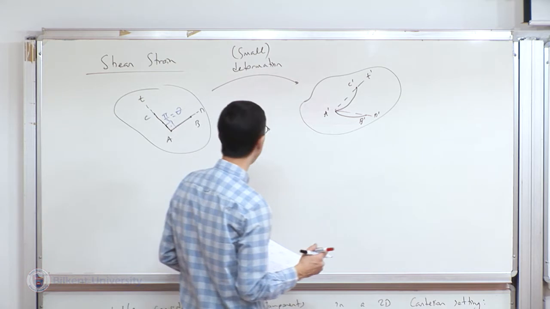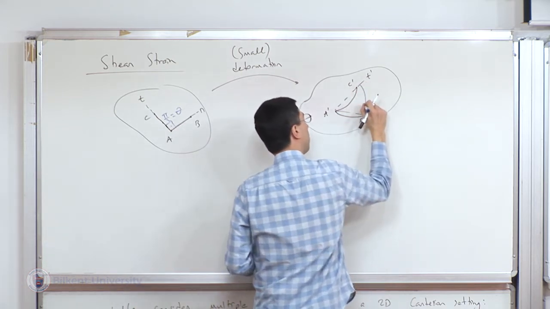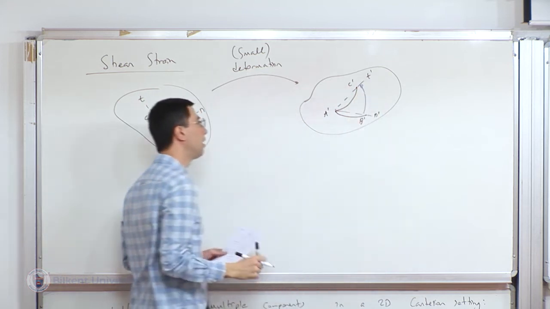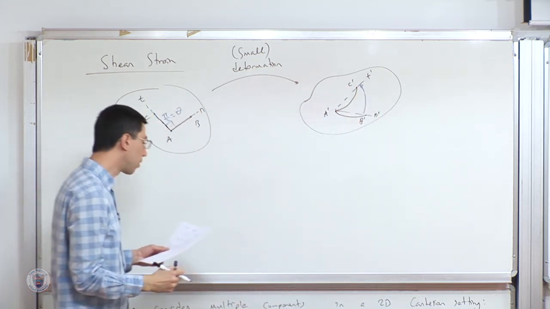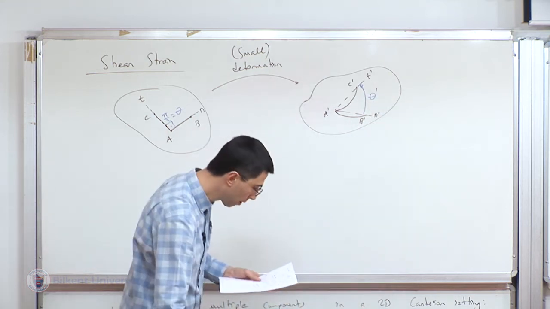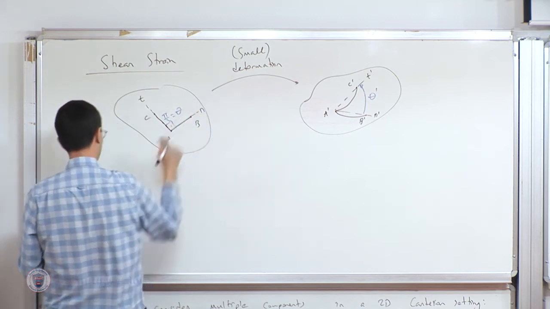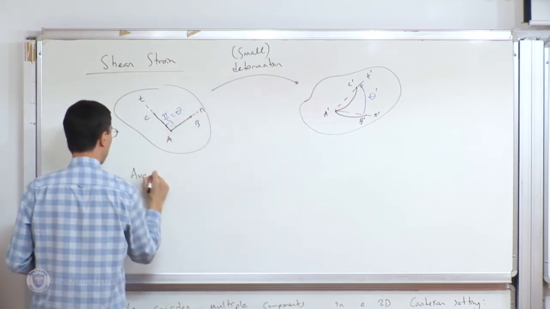So what we will do is define an angle that links these new directions, N prime and T prime, and let's call it a new angle, theta prime. And using those angles, the new angle and the old angle, I can now define a shear strain.